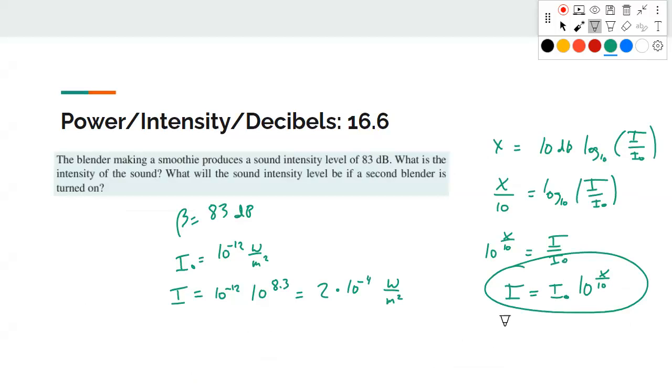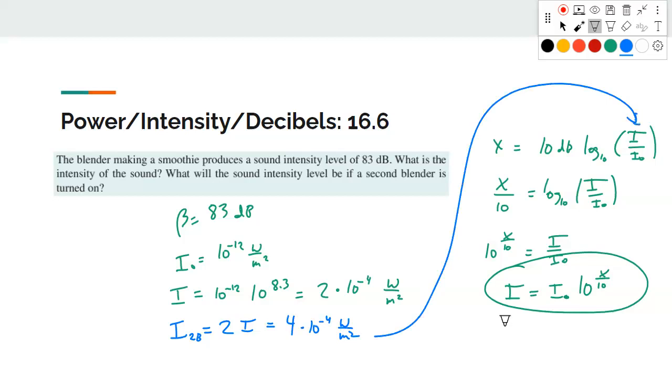And so now we can ask ourselves, what would happen if we had a second blender involved? The important thing to remember is that if we have a second blender, our intensity with 2 blenders is going to be twice the intensity that we just found. And so this is going to be 4 times 10 to the minus 4 watts per square meter. And then we can plug this back into our original formula.